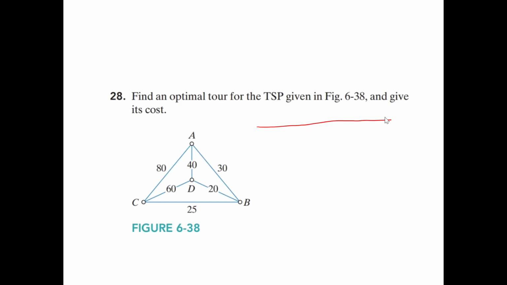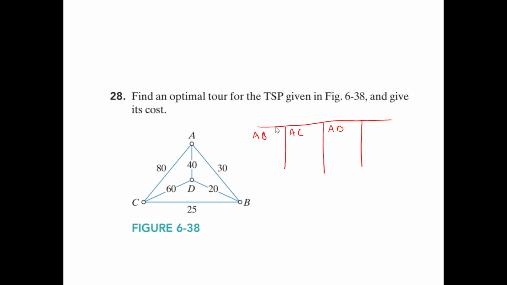Once you choose A as your starting point, then you have 3 choices. They will all start at A, but then you can visit B, or C, or D second, right?